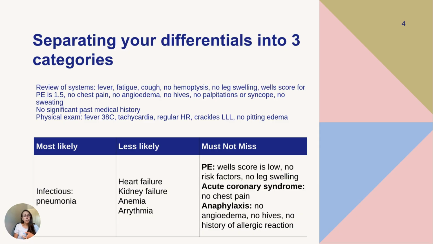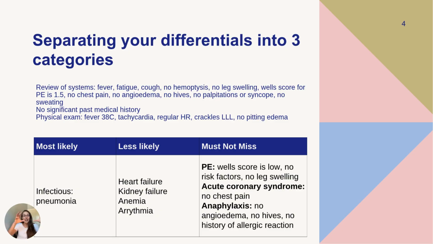She has no past medical history, so a generally healthy person, but it is the flu season, so prevalence of viral pneumonias and things are higher this time of year. They do have a fever, slightly tachycardic, regular heart rate, respirations normal, and you do hear crackles in the left lower lobes. There's no pitting edema on exam.